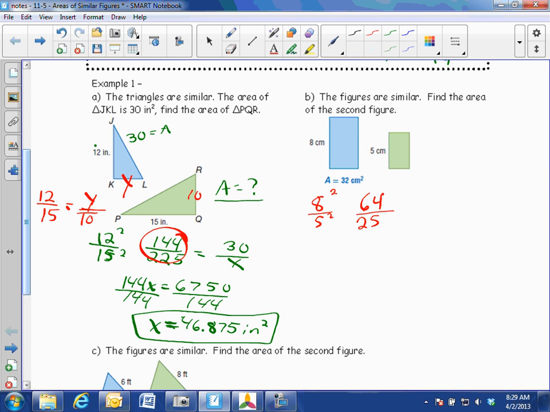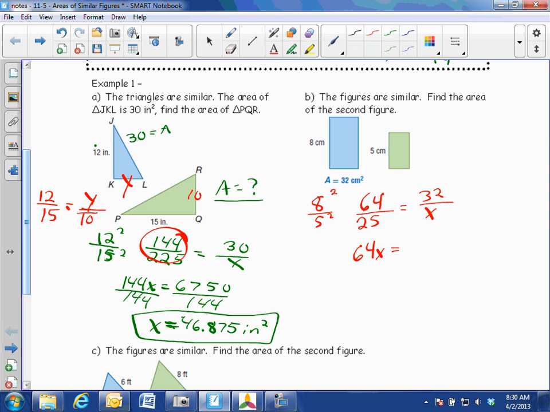What are we going to do now? What does it need to be over? Okay, and how do we go from the bottom and down to the top? Yep, good. Okay, cross multiply.